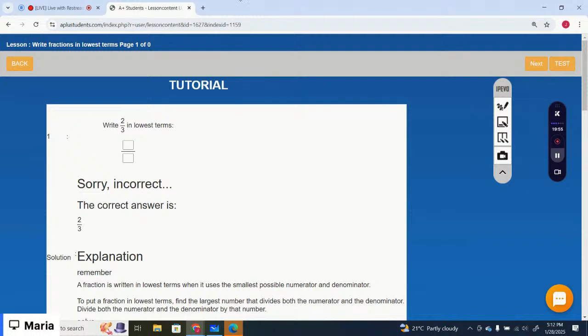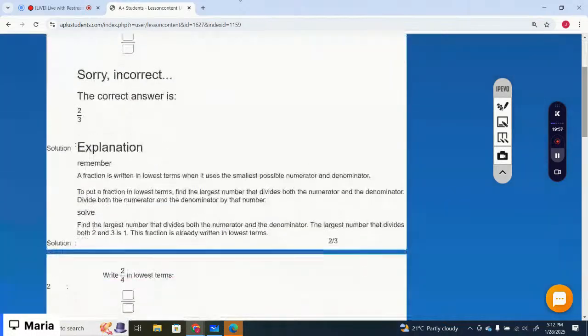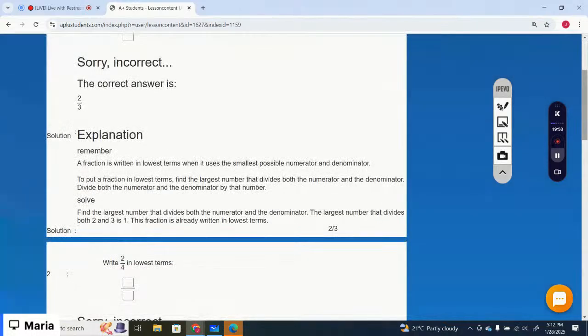A fraction is written in the lowest term when it uses the smallest possible numerator and denominator. To put a fraction in lowest term, find the largest number that divides both numerator and denominator. Divide both the numerator and denominator by that number.